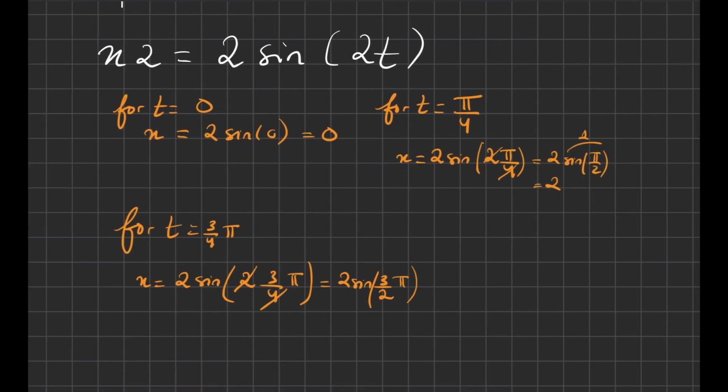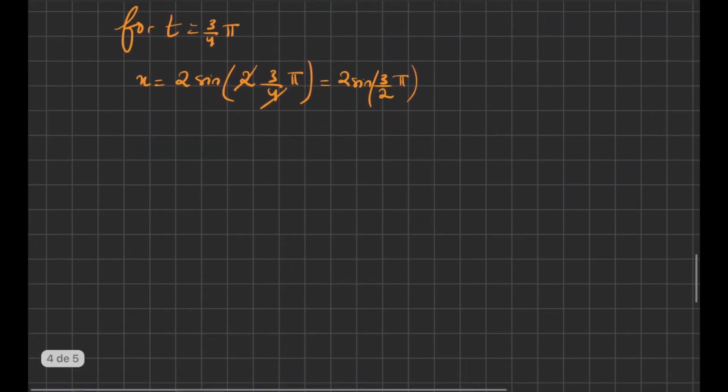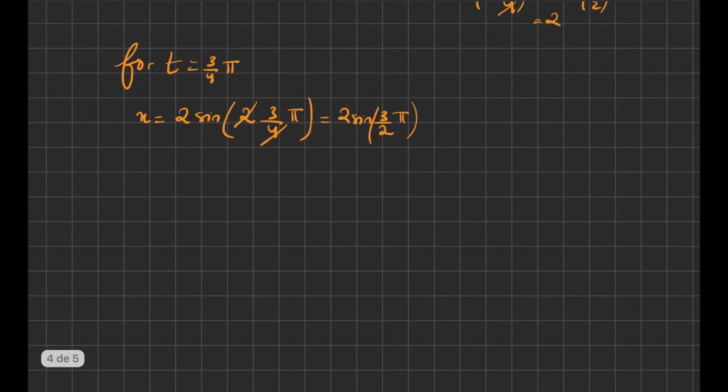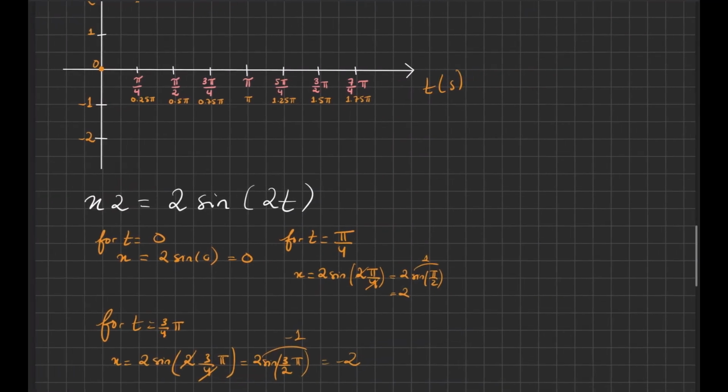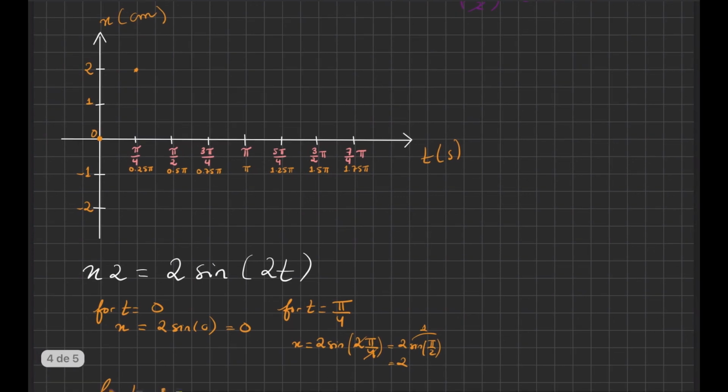I think we missed the point. We missed t equals pi over 2. I'm going to do it again. So for t equals 3 over 4 pi, we have 2 sine 3 over 2 pi. We know that from the trigonometric circle, sine 3 over 2 pi is just minus 1, so that would be minus 2. Let me plot this point. So here, for 3 over 4, it's minus 2.